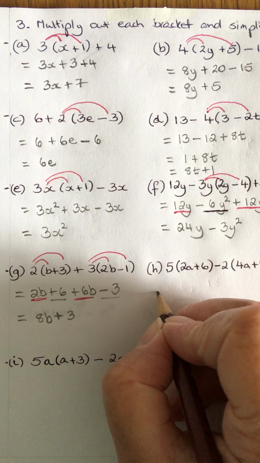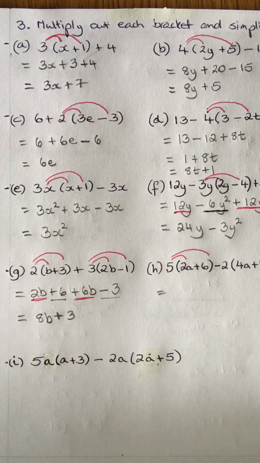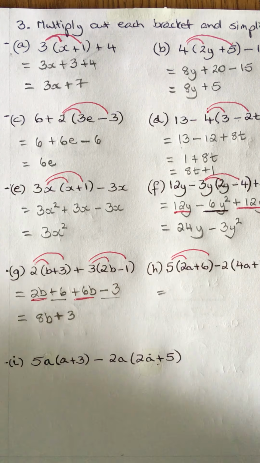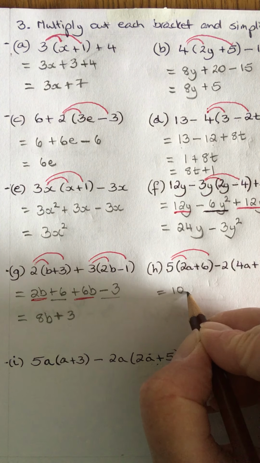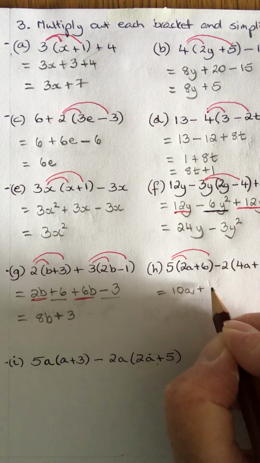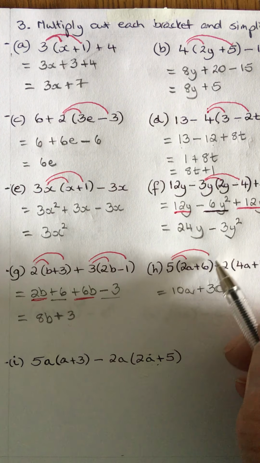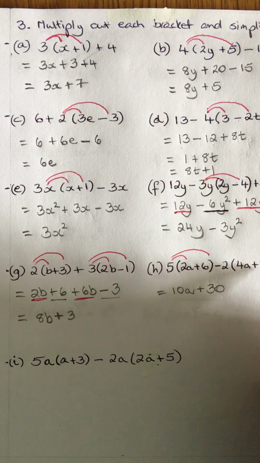Right, next one's got two brackets as well. So we'll deal with this one first. So 5 times 2a gives 10a. 5 times 6 gives 30. Okay, now be careful with this second one because there's a negative, it's a minus 2 times the bracket.